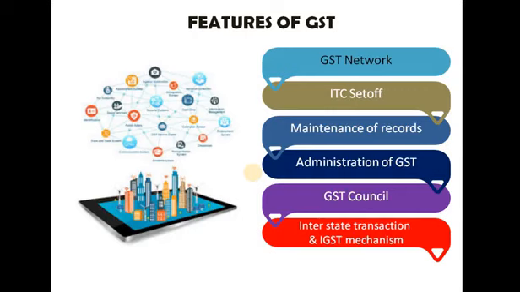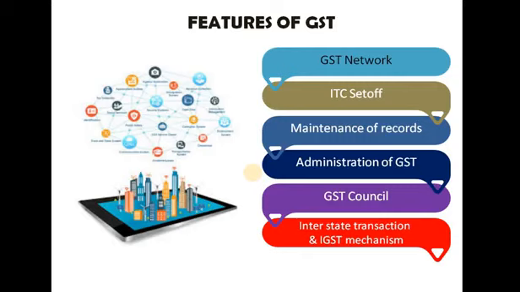And the next feature is interstate transaction and the IGST mechanism. The central government would levy and collect the integrated GST, that is IGST, on all interstate supply of goods and services. This mechanism is designed to ensure the seamless flow of input tax credit from one state to another state.